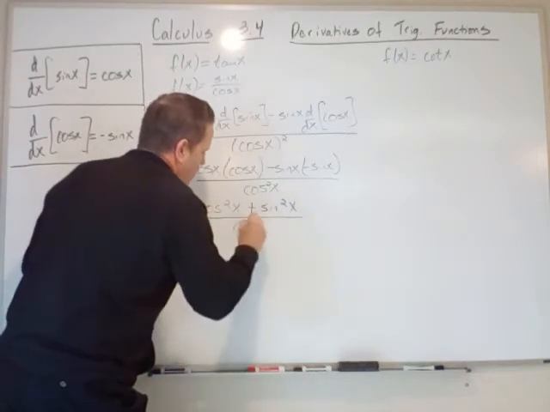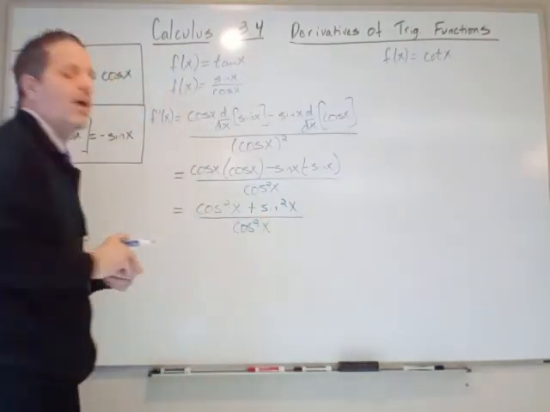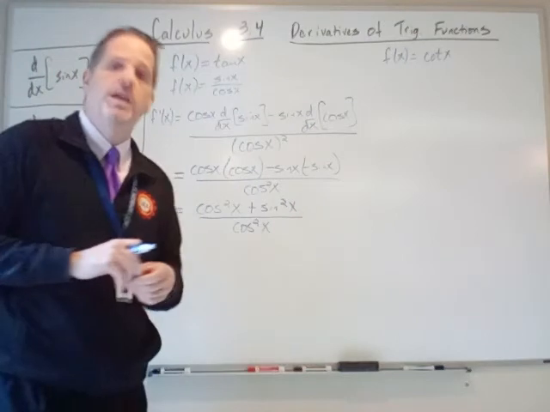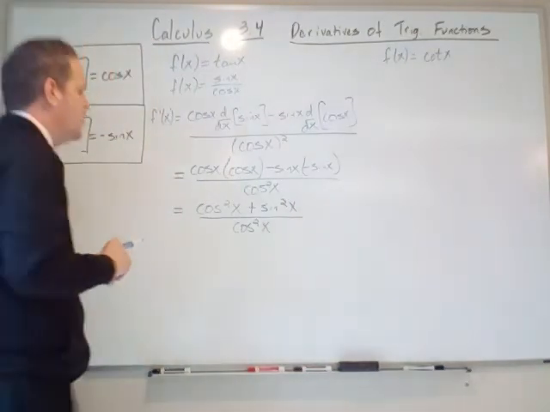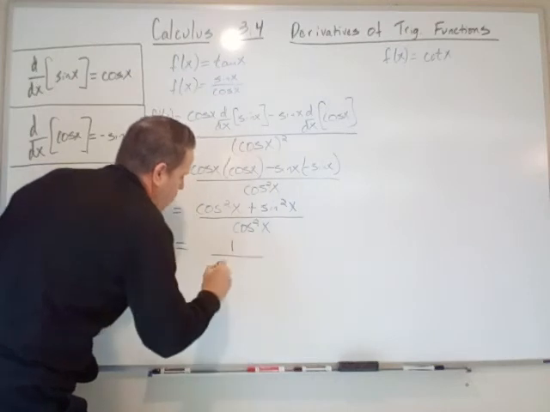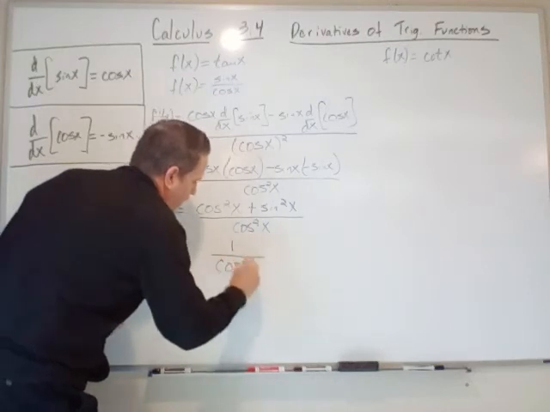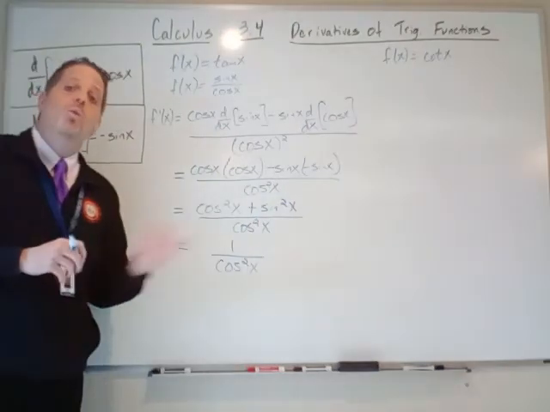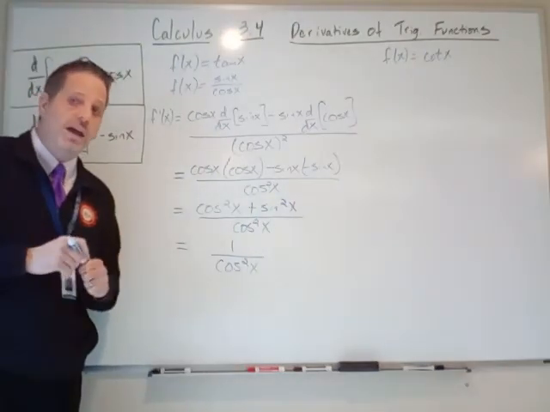Hopefully that rings a bell. Cosine squared of x plus sine squared of x is one of the fundamental Pythagorean identities for trig function. That equals 1. So I've got 1 in the numerator over the cosine squared of x. Okay, and remembering back to trig, 1 over cosine is secant of x.